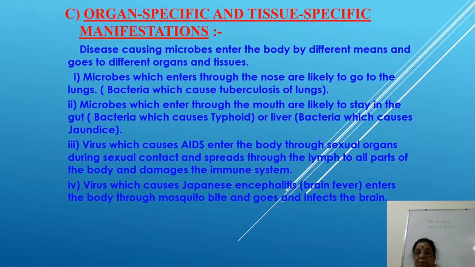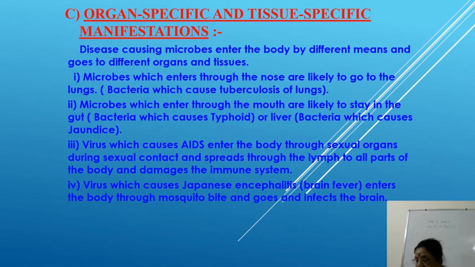There is an active immune system and a passive immune system. As a part of this process, there are local effects such as swelling and pain, and general effects such as fever. These are all the immune system's effects.